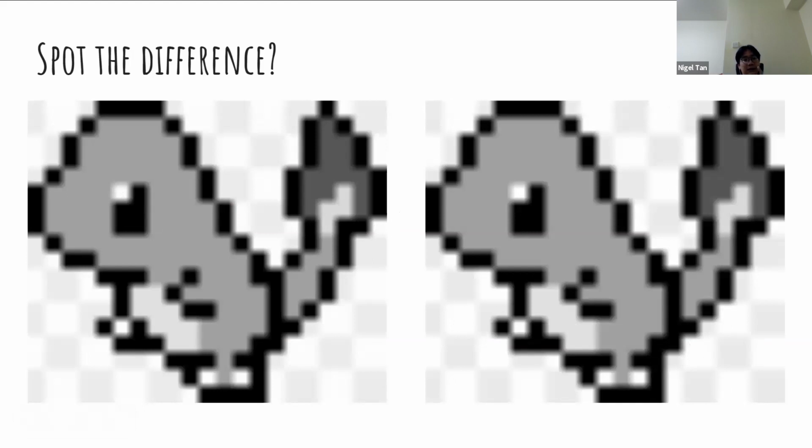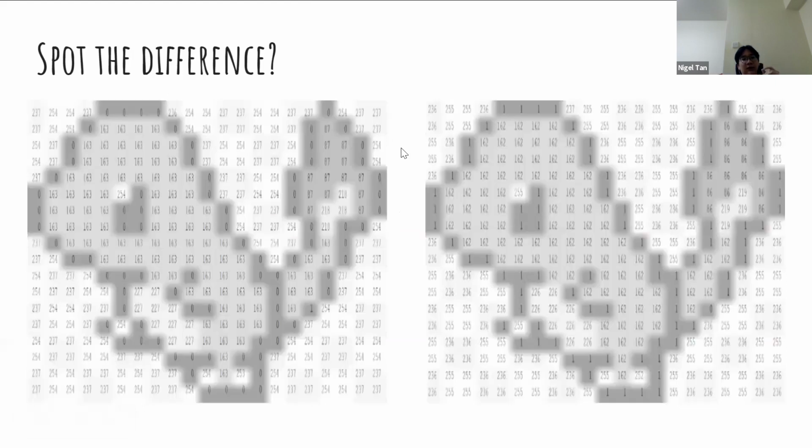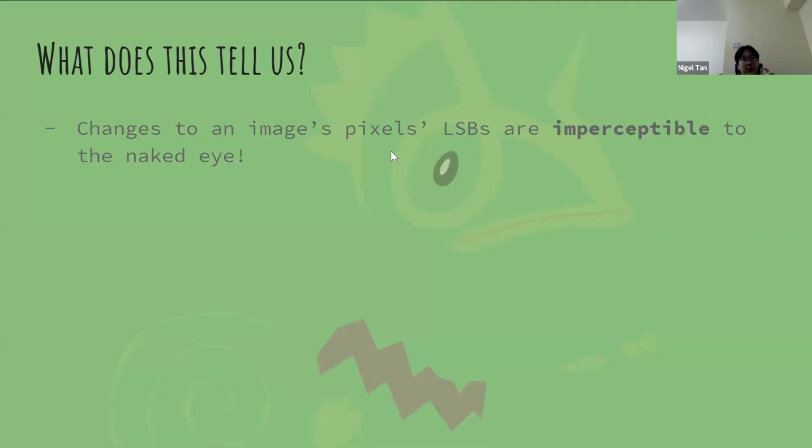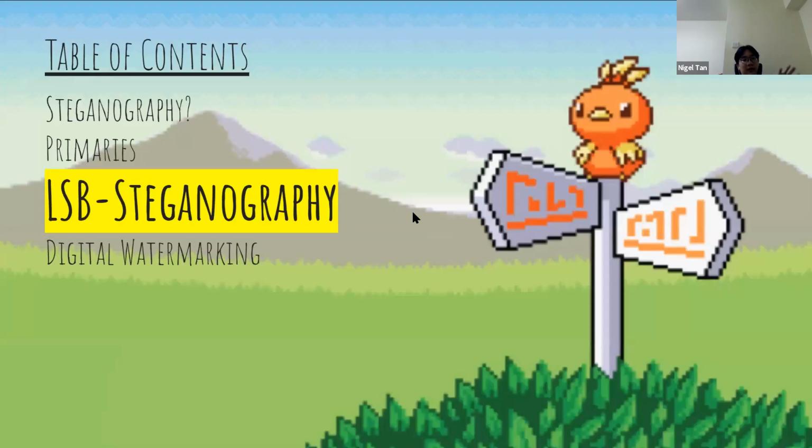And that is at the heart of what LSB is about. Because what it tells us is that changes to an image's pixels at the LSB level are imperceptible to the naked eye. So with this understanding, we can move on to what exactly is LSB steganography.